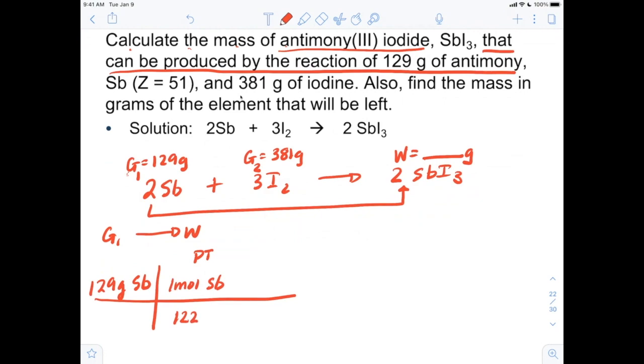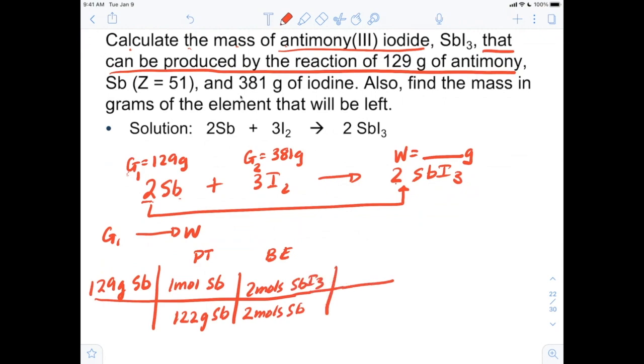I'm abbreviating. Then I have the balanced equation relationship between the given and the wanted in molar amounts, right? So I have here 2 moles of Sb that goes with 2 moles of SbI3.